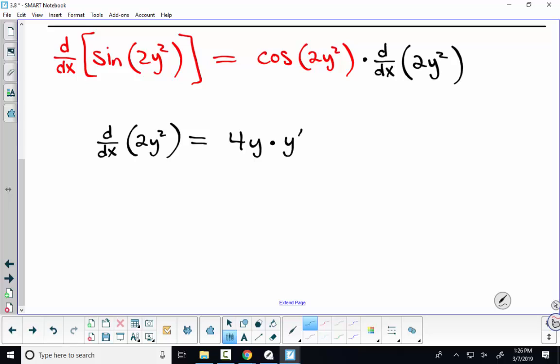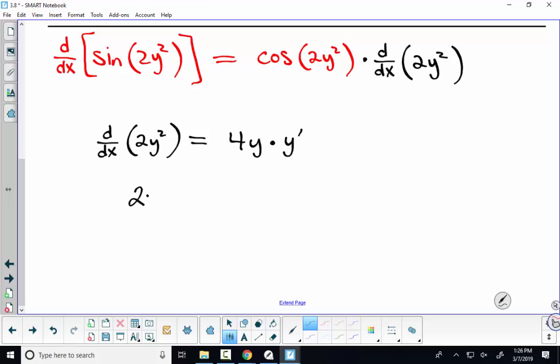In what case would it not be? Well, at some point it will be, but that's when you're taking the derivative of something that involves y, like if it involves 2y squared, or if it involves x times y. But anytime we take the derivative of something involving y, we take the derivative normally and then just multiply it by y prime. It's the same idea.